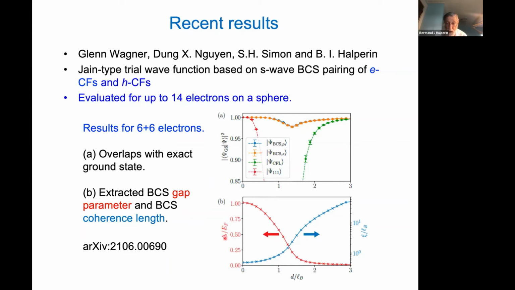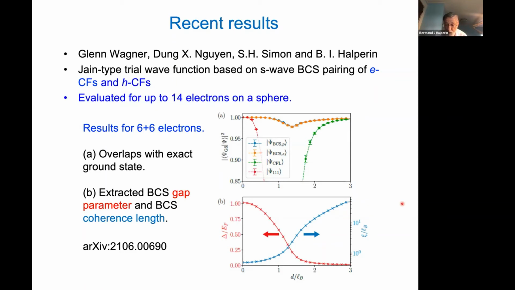You can't really, we're not measuring delta and EF separately, but the ratio between them tells us what the occupations of the various states are. And you can see that delta over EF here seems to go to 1 at small separations, and it falls off rapidly at large separations, whereas the coherence length grows actually quite large. It's on a logarithmic scale for large separations.